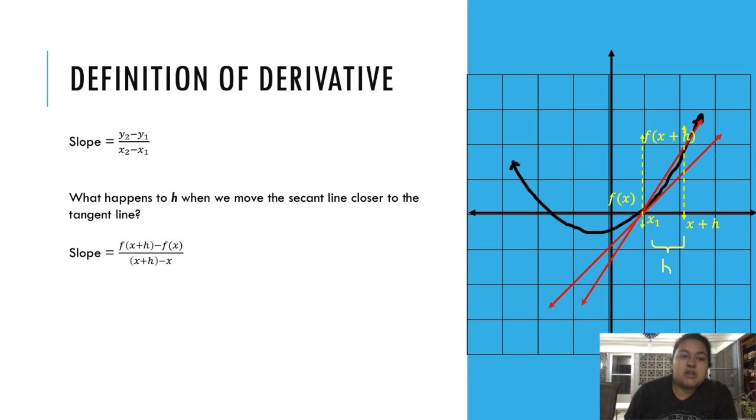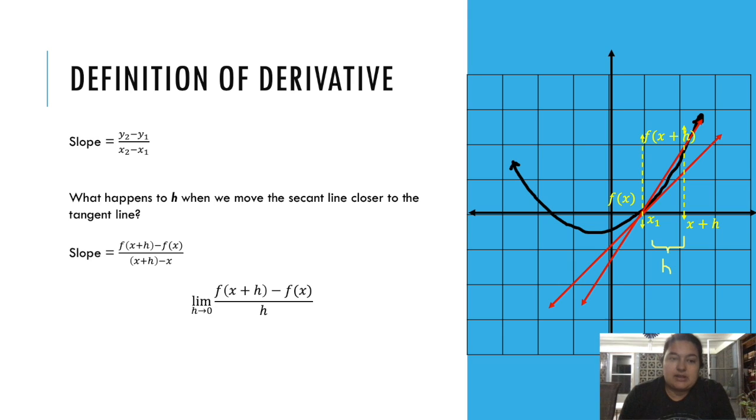Okay, so if our slope can be written as f of x plus h, because that's our second y value, minus f of x, being our first y value, I'm sorry, and then x plus h, which was our second x coordinate, minus x, which is our first x coordinate. That's the slope.